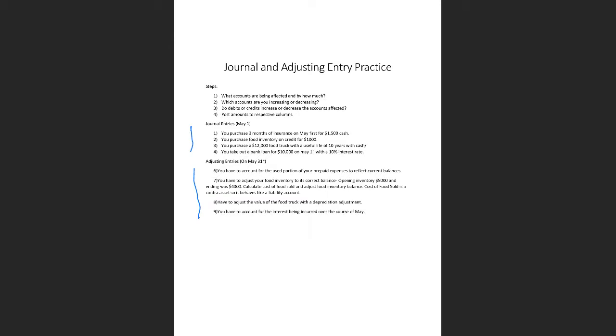Then you post those amounts to the relevant columns in the journal and then to the ledger. Some of these journal entries are going to be a little bit new, and they're going to affect some accounts that we may not have spoken about too much.